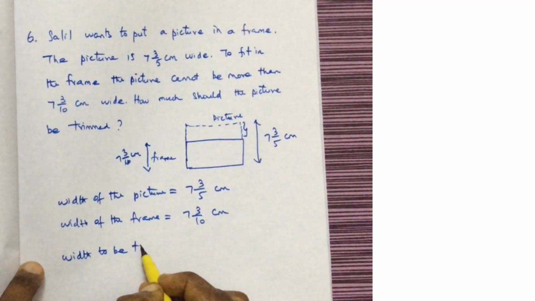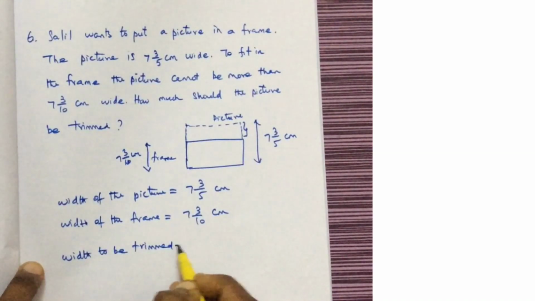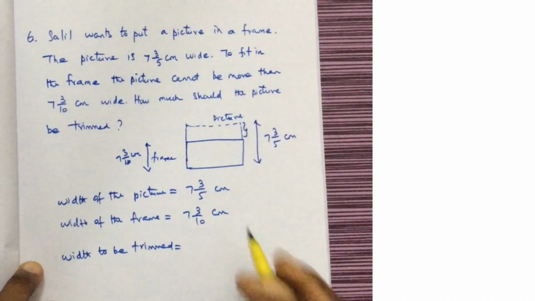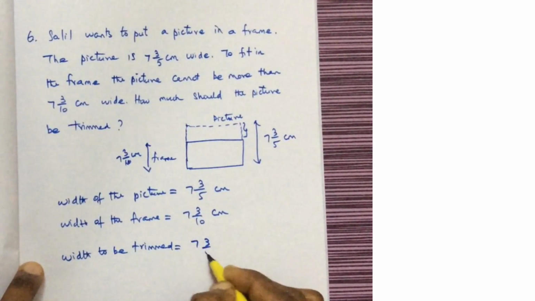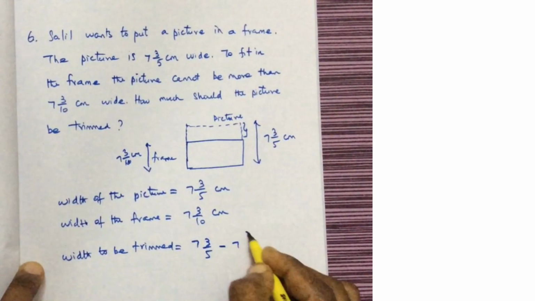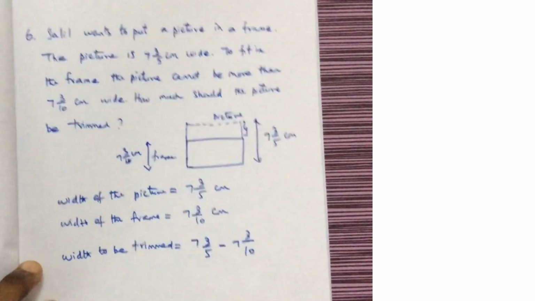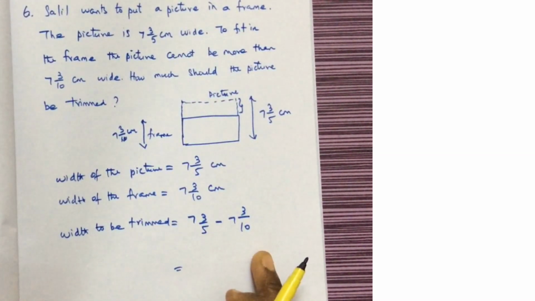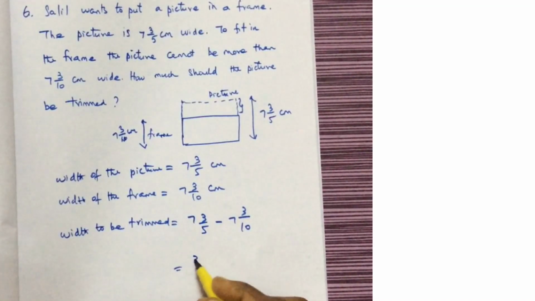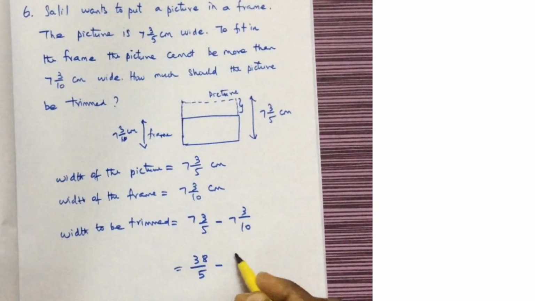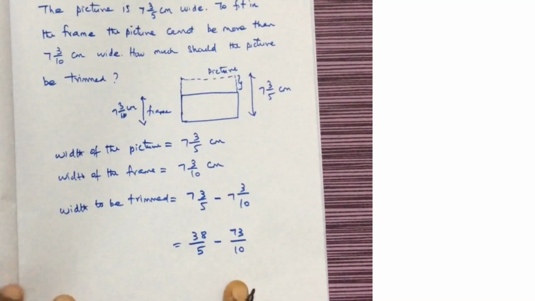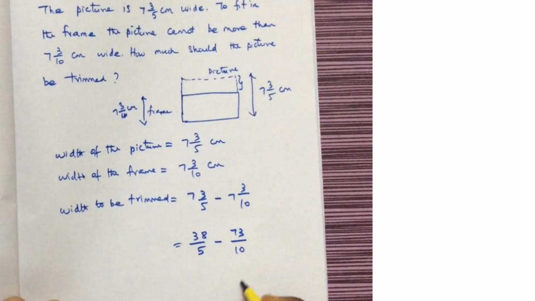So out of this, this portion should be trimmed off. So 7 3 by 5 minus 7 3 by 10. This is a mixed fraction, that is 38 by 5 minus 73 by 10. Now we have to take the LCM, that is 10.